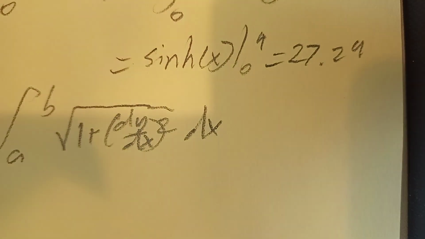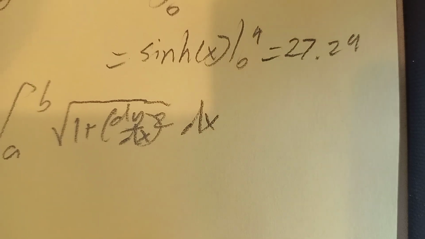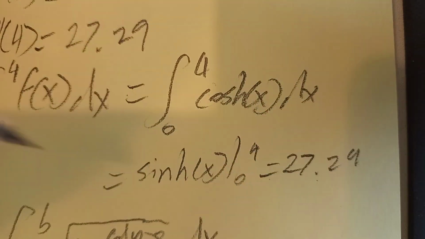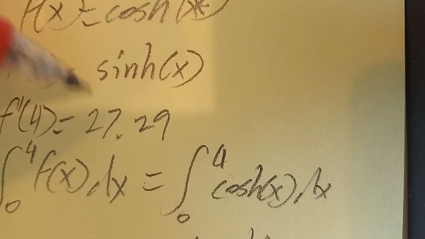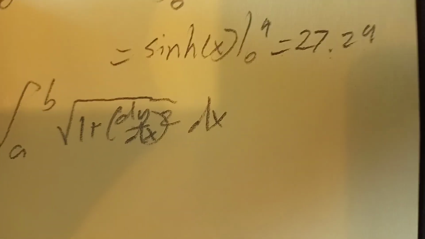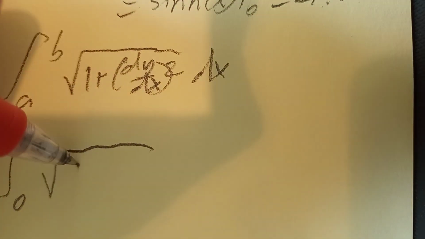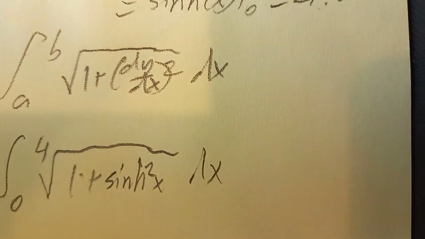Now, dy/dx we already know is sinh x, so we just plug this in. And we know what the endpoints are. That's the integral from 0 to 4 of the square root of 1 plus sinh squared x dx. Now, how do we evaluate this?